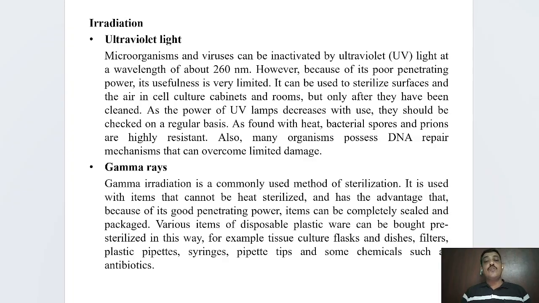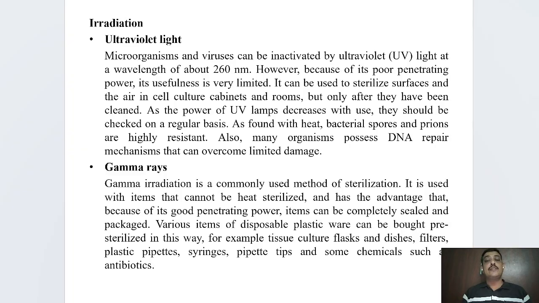Whereas when we use ultraviolet rays for sterilizing, that is used for cell culture system, we'll be using an ultraviolet light, which more or less looks like a tube light, but in case of ultraviolet light, it will be emitting UV rays, and it is going to be around 260 nanometer.